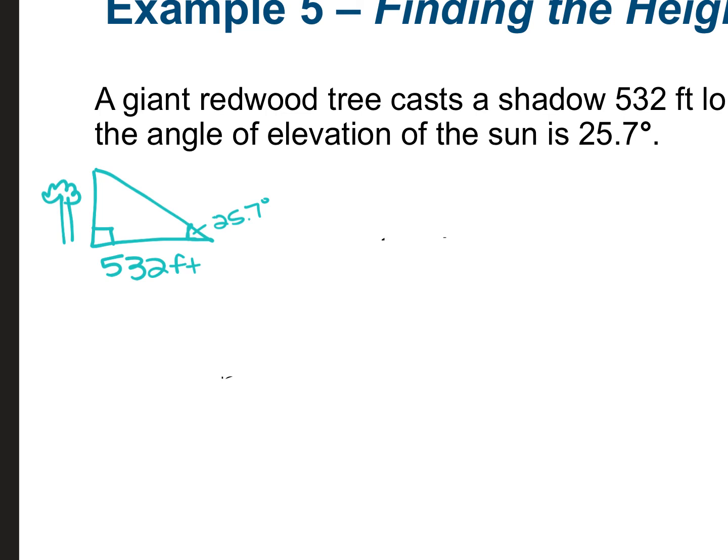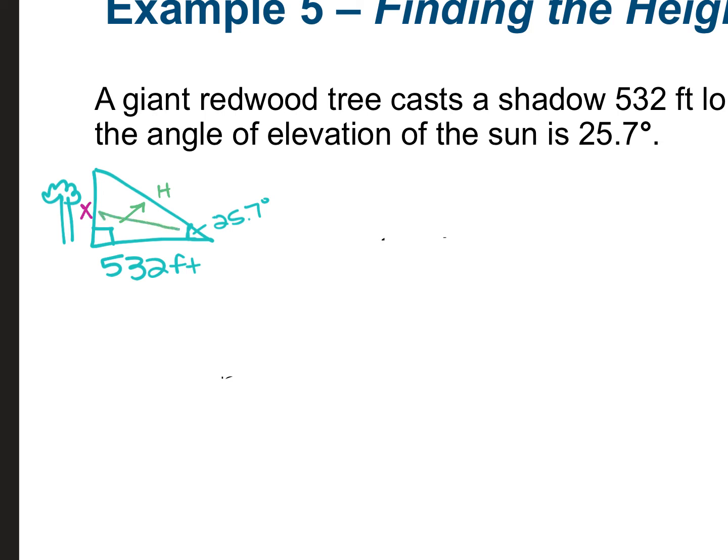From here, you're finding the height. So that's this measurement here. Identify the side lengths that you have. We know that automatically across from that right angle is your hypotenuse. We're not finding the hypotenuse. We're not using the hypotenuse. So that means that you're going to rule out your sine and your cosine.